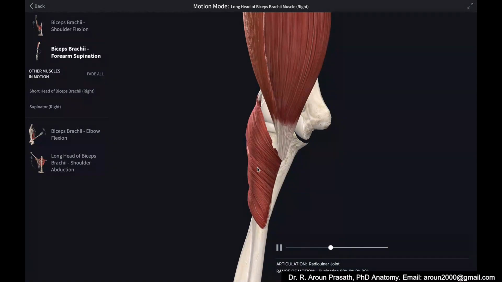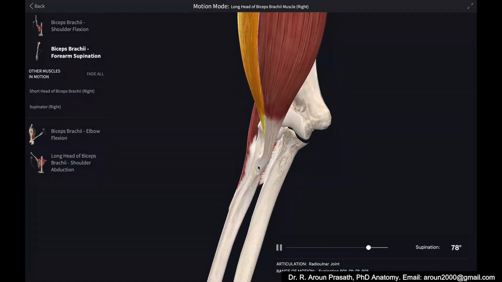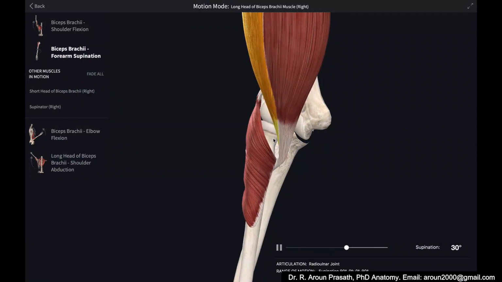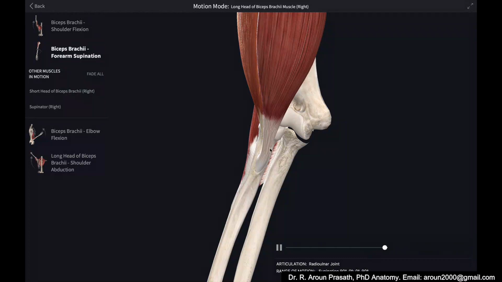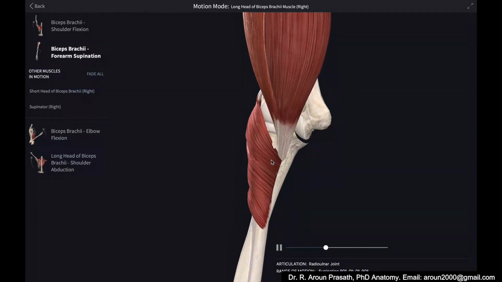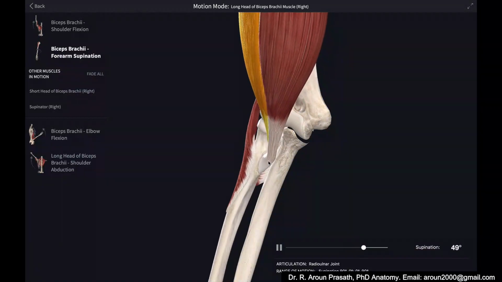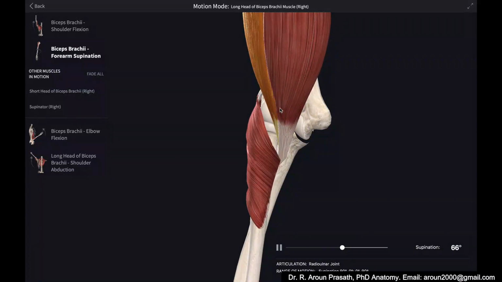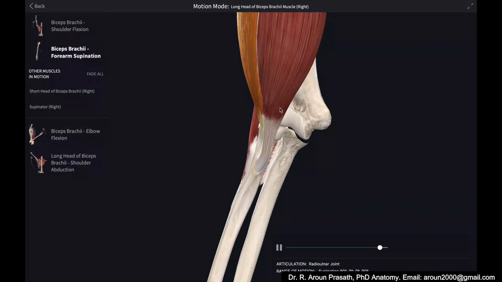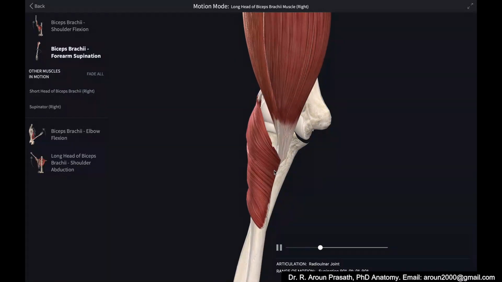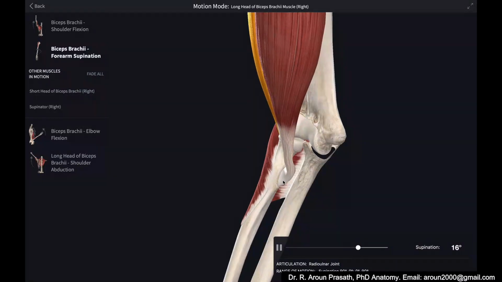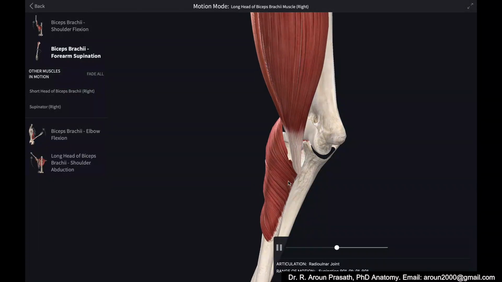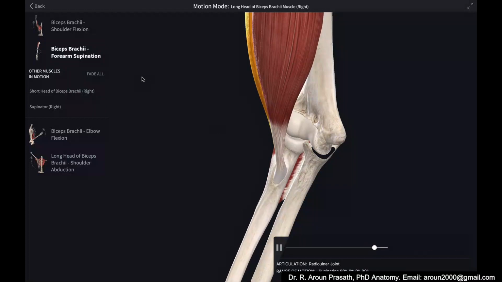Always, giving is pronation movement and taking is supination movement, which is a 90-degree range of motion. That's why the biceps is called a powerful supinator, which we will discuss in the joints. Know that the biceps muscle is attached to this radial tuberosity and it is helpful for flexion as well as supination.